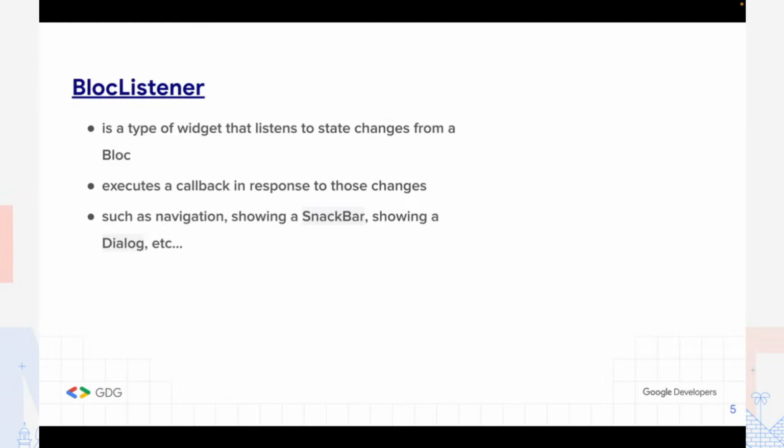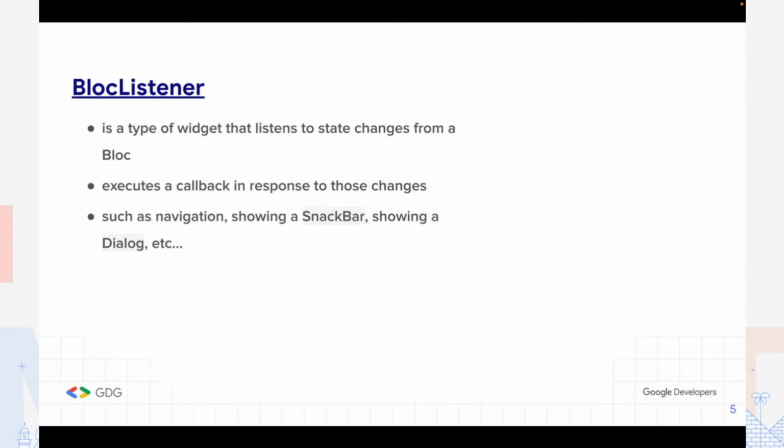Now, an example of this would be, let's say, login. Once we have entered our email and our password, we are going to first check if it matches the email format. And once we call the login API, we will get a response. Let's say the login was successful.